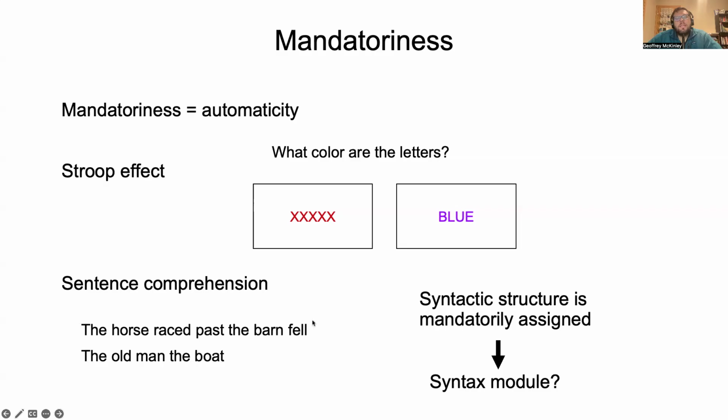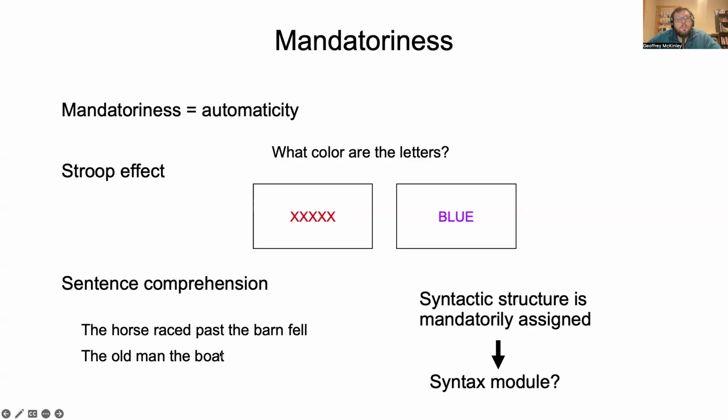And the idea is that the reason why you have trouble with these sentences is because you are trying to figure out what the syntactic structure is, and you've sort of mandatorily assigned the syntactic structure. So as you read the old man, the boat, you probably went the old man and thought, okay, that's a noun phrase. But then when you saw the boat, you're like, well, that doesn't make any sense.